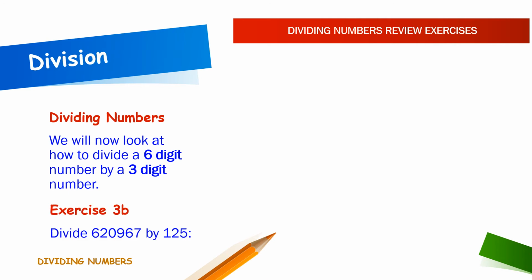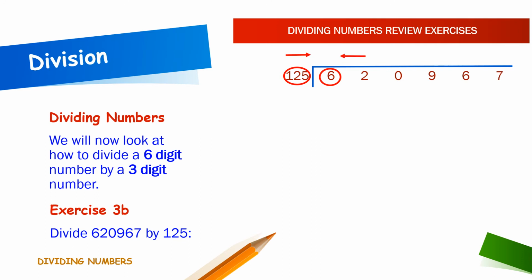Let's now have a look at exercise 3b. Divide 620,967 by 125. Set up the division as shown. Begin on the leftmost side, so check how many times 125 goes into 6. Clearly there are no 125s in 6, so we put nothing here. Then check how many times 125 goes into 62.